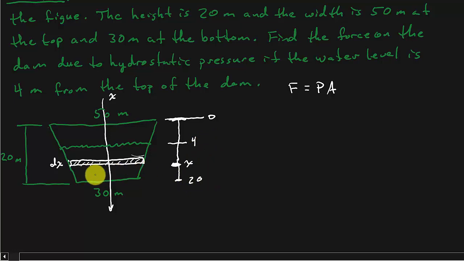So I need to find the length of this strip. Well, look at this. If I draw a line right here, okay, and if you look at this right here, all right, so we know that the distance from here to here would be 30, right?